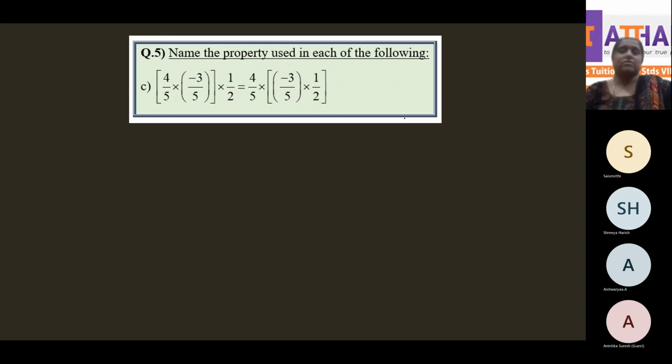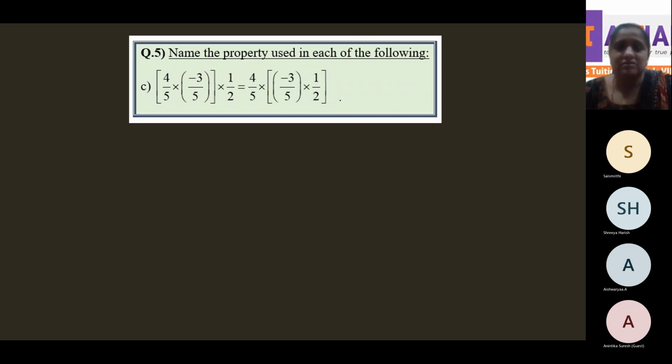Next one. Anybody? Ma'am, I think it is associative property. Try, Smriti. Associative property of multiplication. Correct. Did somebody say over addition?